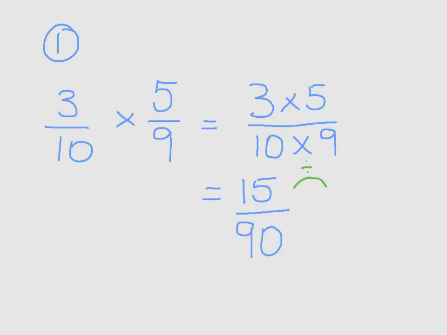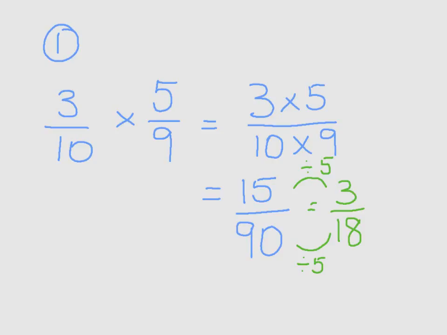So 15 divided by 5 equals 3. 90 divided by 5 equals, let's think about this, 10 5s are 50, so we've got 40 left in our 90. 40 divided by 5 is 8, so we've got 18 5s are in 90. So 90 divided by 5 is 18. Now, we're left with 3/18.